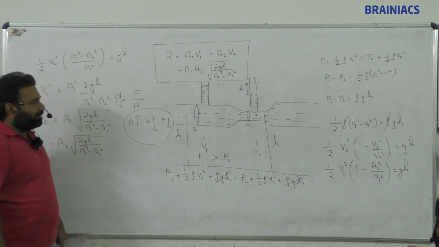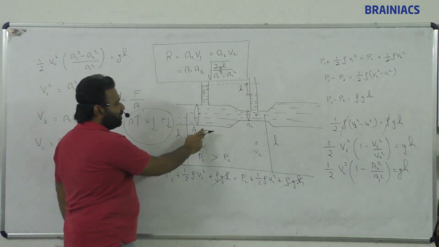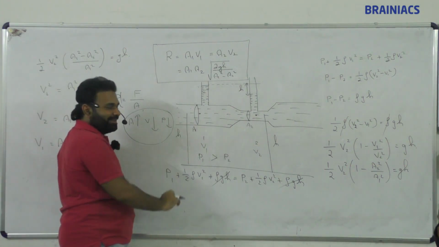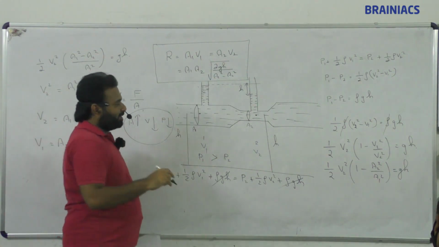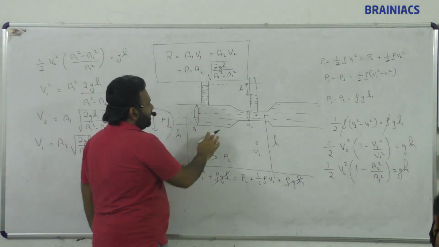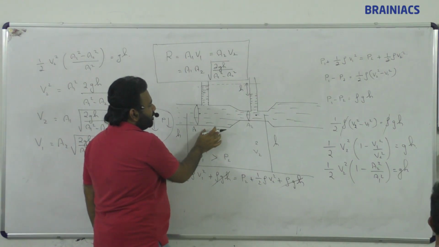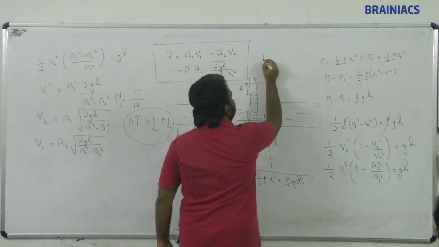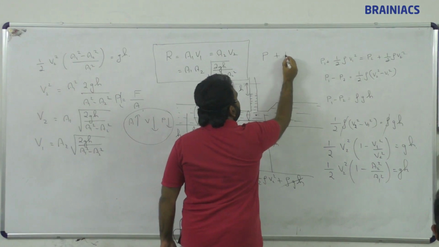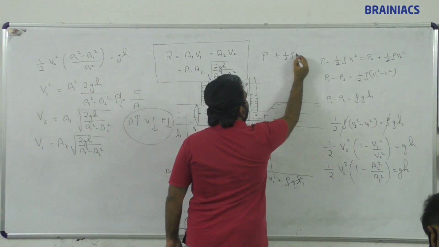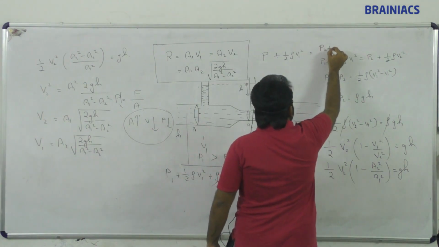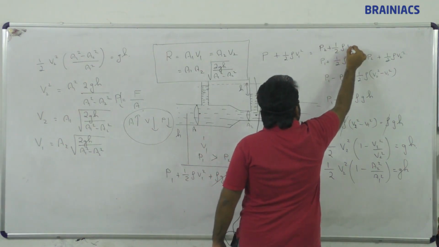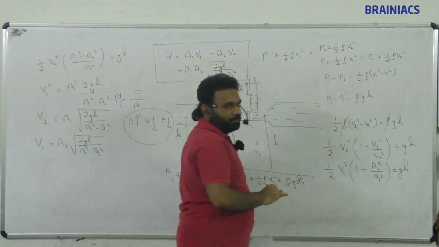Now here what you can think is, take area and velocity, a1 v1 is equal to a2 v2. But the thing is, see Bernoulli's theorem: p1 plus half rho v1 square is equal to p2 plus half rho v2 square.